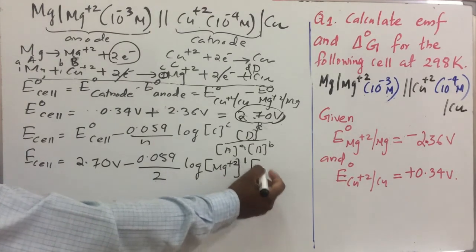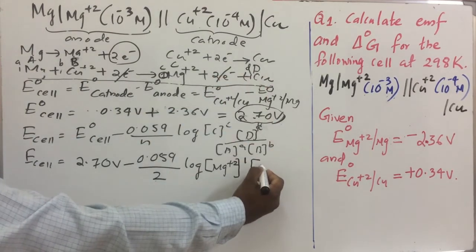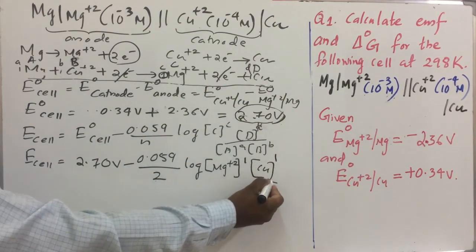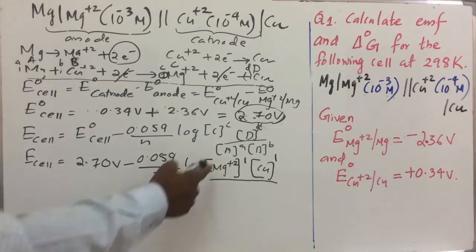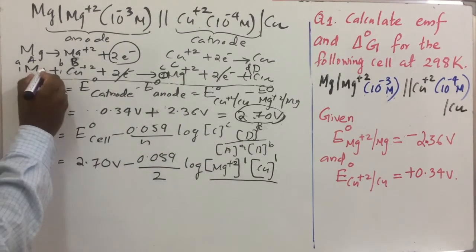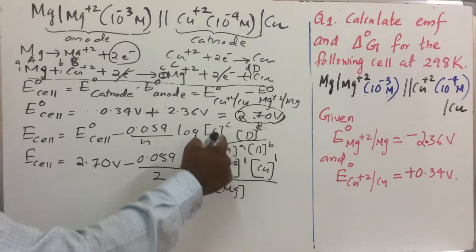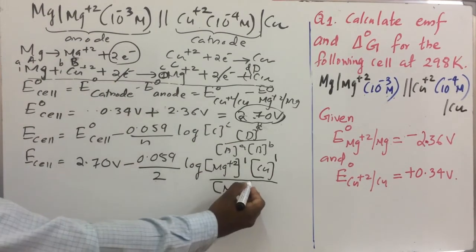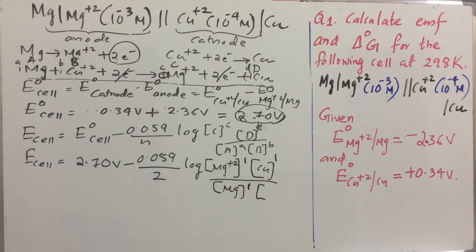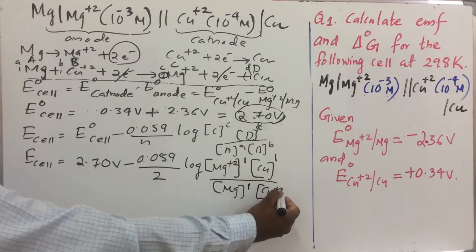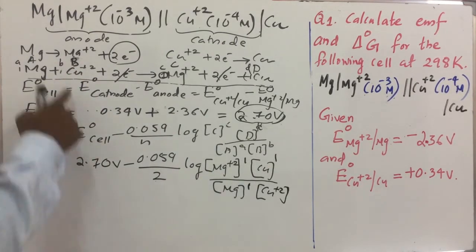Then D is Cu, and small d is coefficient 1, divided by A raised to a. A is Mg, the concentration of Mg raised to its coefficient 1. Then B is Cu+2 raised to 1.